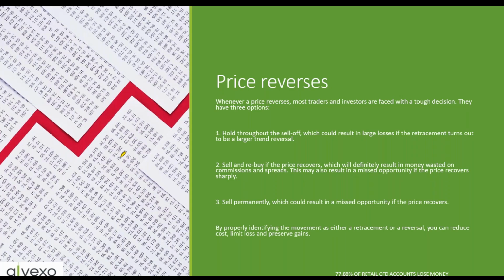Now, I would do a whole new fresh analysis, but you could jump out, book your profits, and then if what you thought was becoming a reversal becomes a retracement, you could re-enter the market. Okay. Or you could just take your profit, be happy, and stop worrying about missed opportunities. So it's no different than the 3 choices: getting off the highway, getting on the highway, staying in the lane you're in.